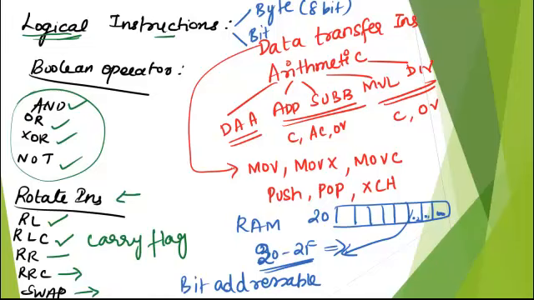Where are the bit addressable logical instructions used? They are useful for the bit addressable memory locations of the RAM. As you know, from 20H to 2FH, the 16 bytes of memory locations are bit addressable, meaning each bit of memory is given an address, you can access each individual bit and even change the data.